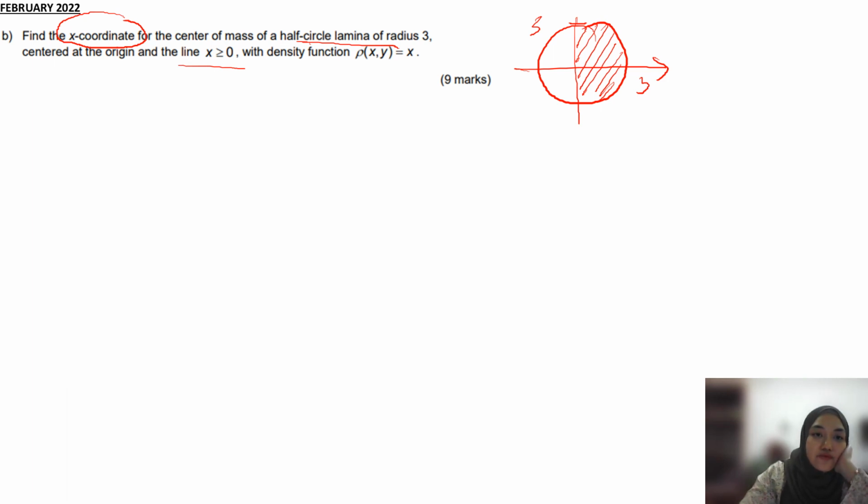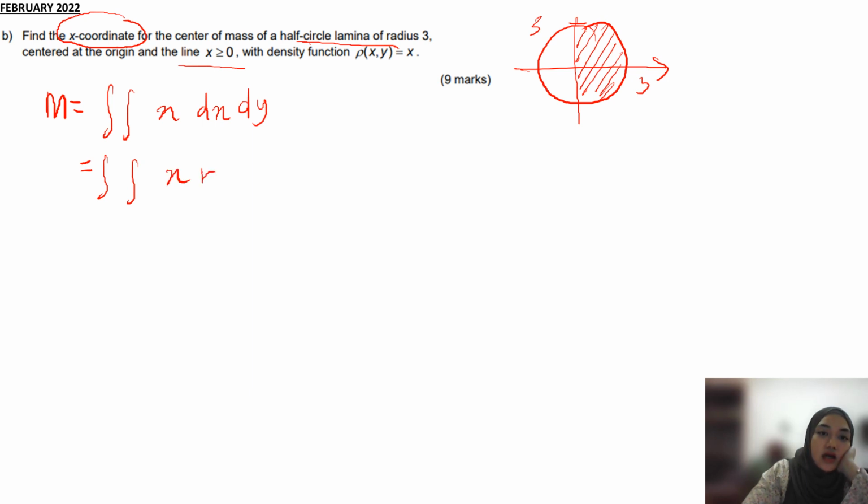Okay, so to find the x coordinate, you have to find the mass first. Mass equals the double integral of x dx dy. Since it's in polar, you have to change to polar, which is x r dr d theta.